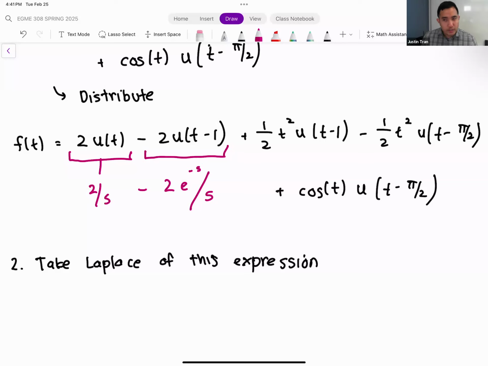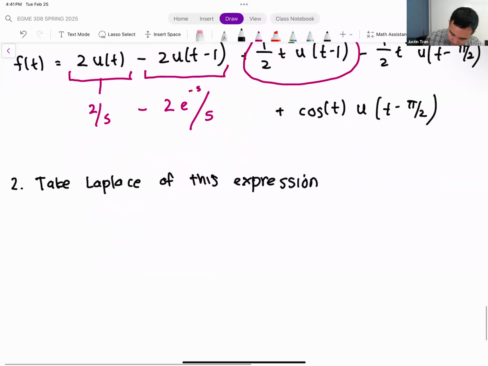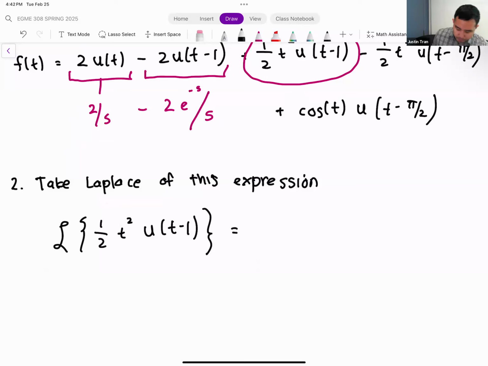Now all the rest of the terms, we do have to do something a bit special. Let's do the 1/2 t squared u(t - 1) first. This might be the only one we do because of time, because I want to move on. So we have the Laplace transform of 1/2 t squared u(t - 1).